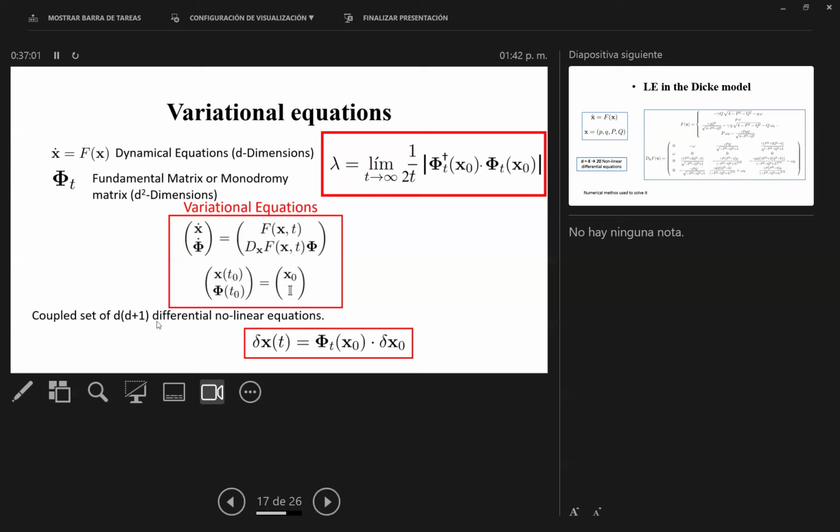With this, we can access the variational distance using the product between a small difference in the initial condition and the monodromy matrix evolved in time. The Lyapunov exponent is obtained when you multiply the monodromy matrix with its transpose, take the norm of this quantity and divide by 2t, in the limit when time goes to infinity.